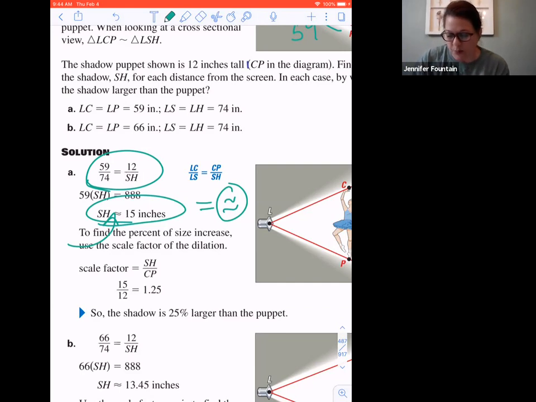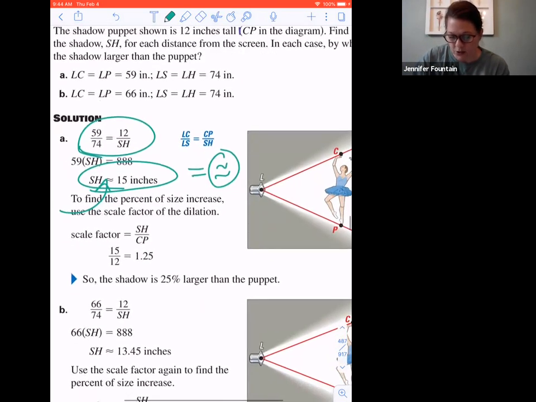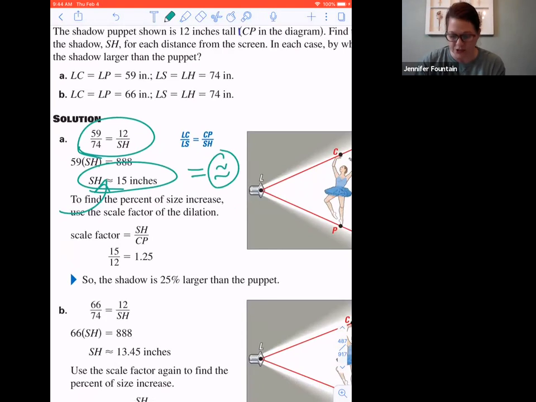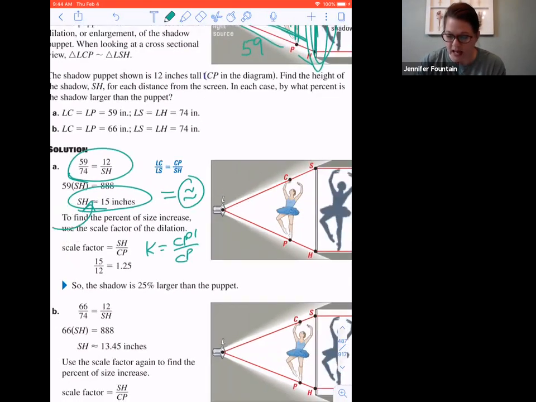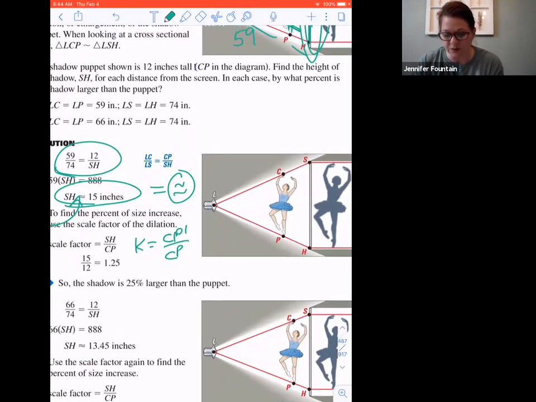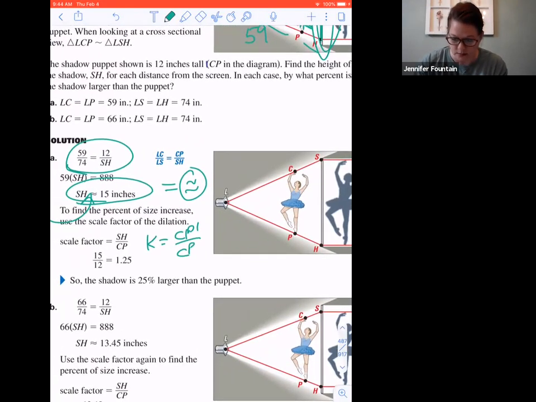All right, and so then it says to find the percent of size increase, use the scale factor of the dilation. So basically, remember we have K is equal to CP prime over CP. They said CP prime is 15, and CP was 12, and 15 divided by 12 is 1.25.